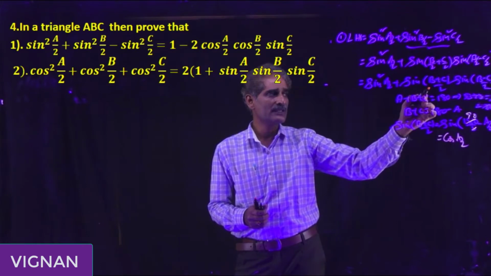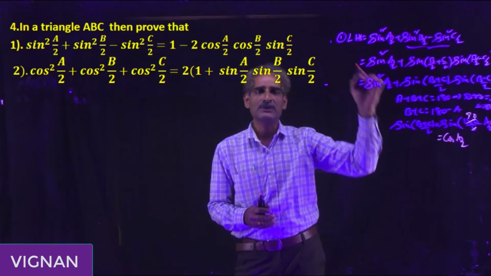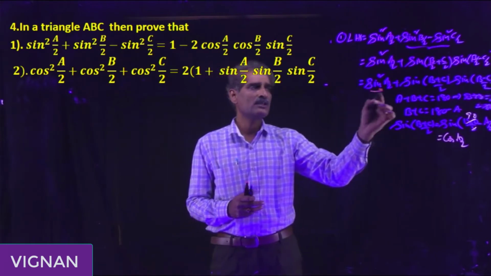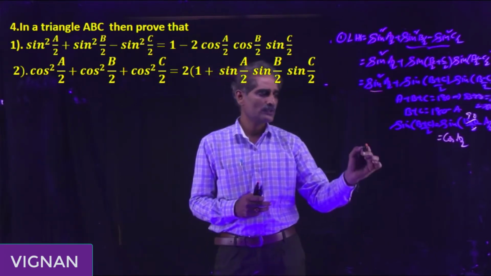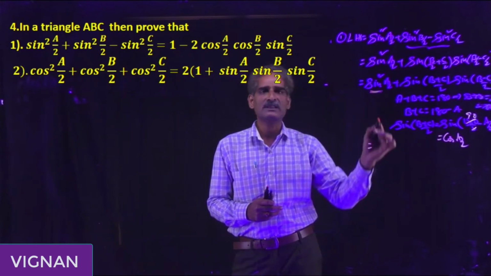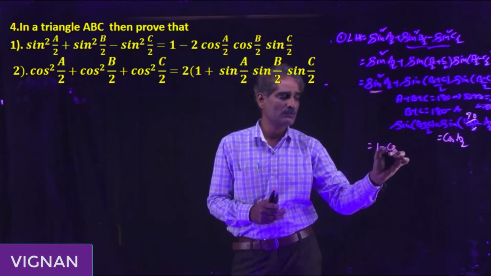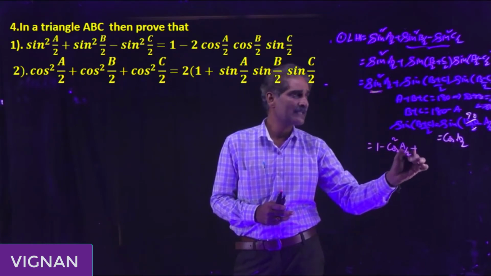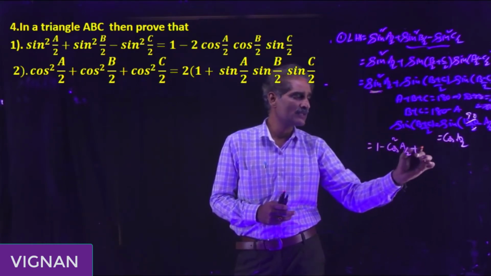If there is a cos A by 2, here sin square A by 2 in the required answer is also in terms of cos square A by 2. Cos A by 2 is there, so just write it down in terms of cos A by 2. So now here sin square is nothing but 1 minus cos square A by 2, plus sin (B plus C) by 2 is nothing but cos A by 2.